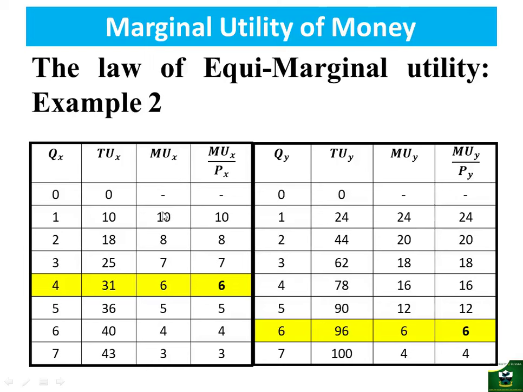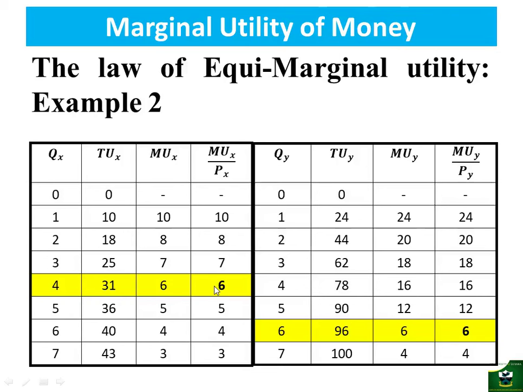So here, now that price has reduced for Y, price has gone to 1, it means that we will be dividing the marginal utility of Y by 1. So for the level of 24, the ratio will be 24. For marginal utility of 20, the ratio will be 20 because we are dividing 20 by 1. And if we do that for all these values, we will have these corresponding ratios.